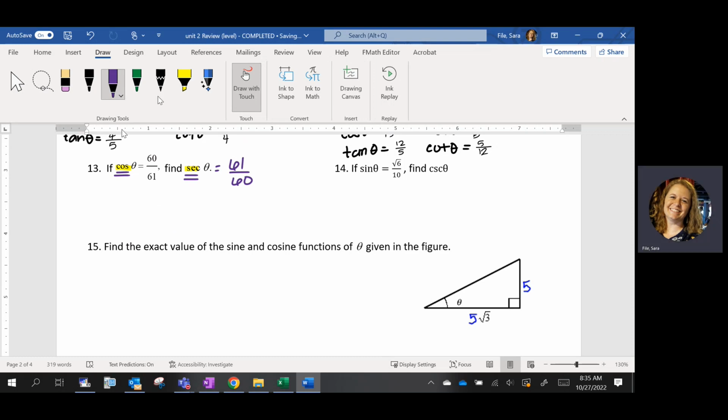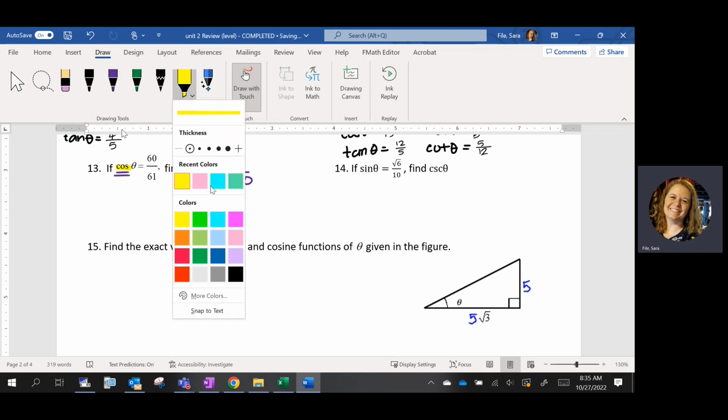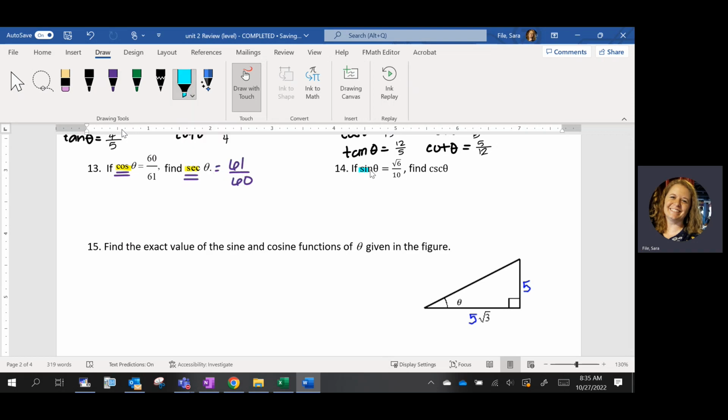Okay, what about number 14 here? Is there a relationship between sine and cosecant, or am I going to have to go through that process we just did? What's their relationship? Reciprocals, yeah. So these are reciprocals of each other as well. So I don't have to go through all of the work I did in 11 and 12. Again, I can just flip it.